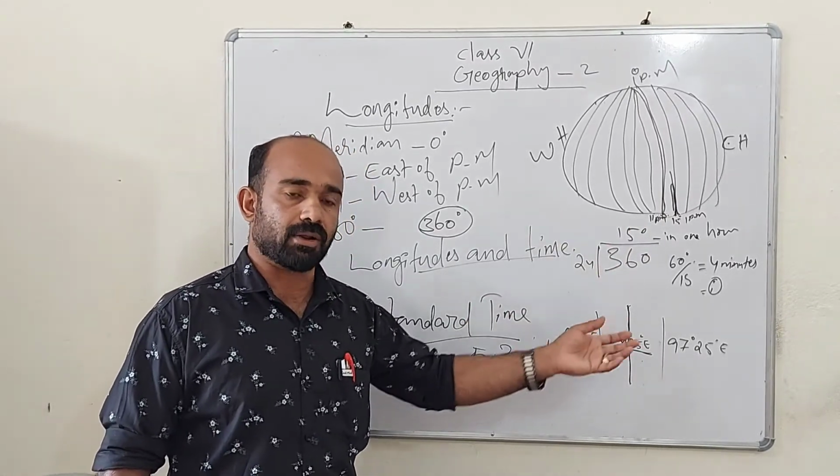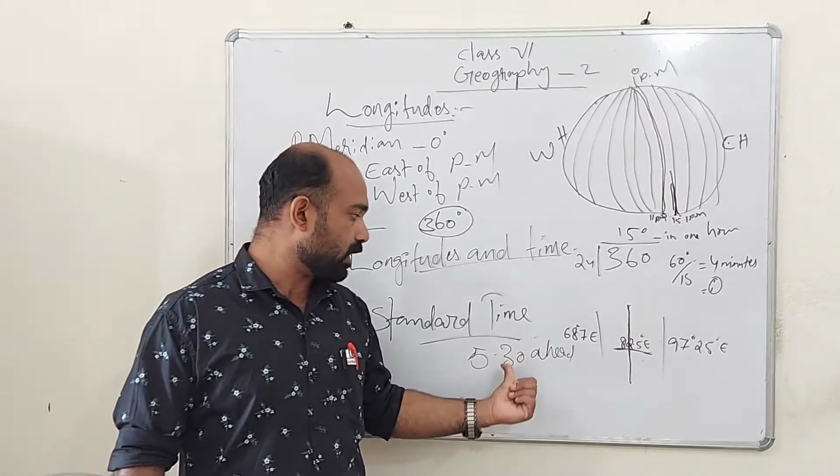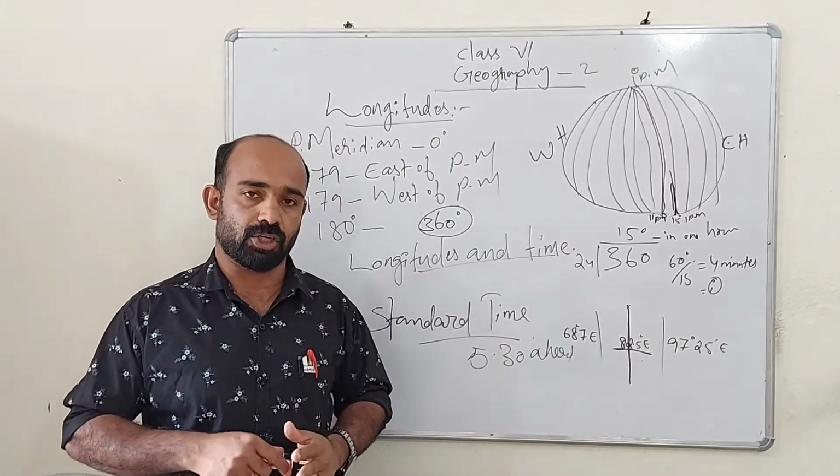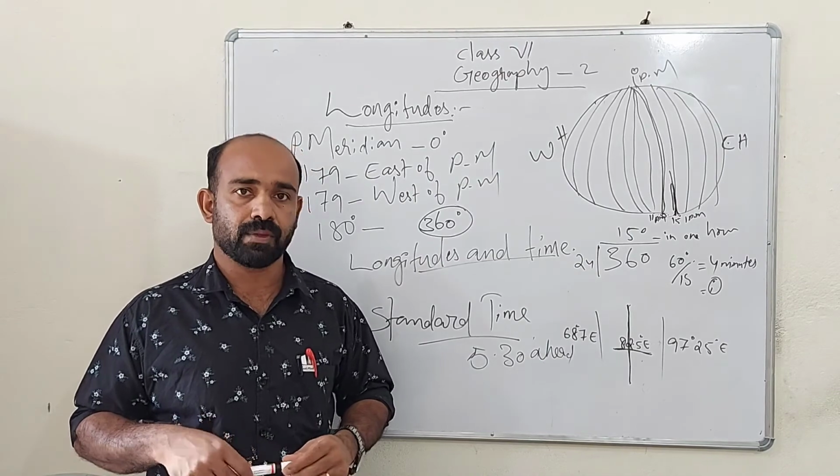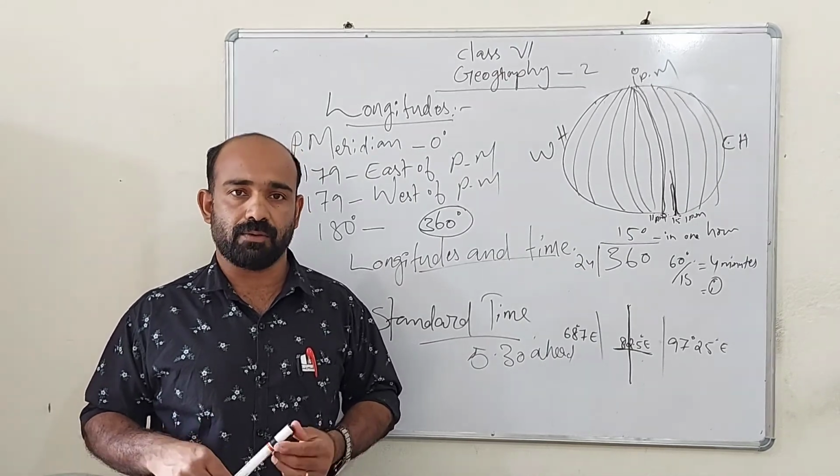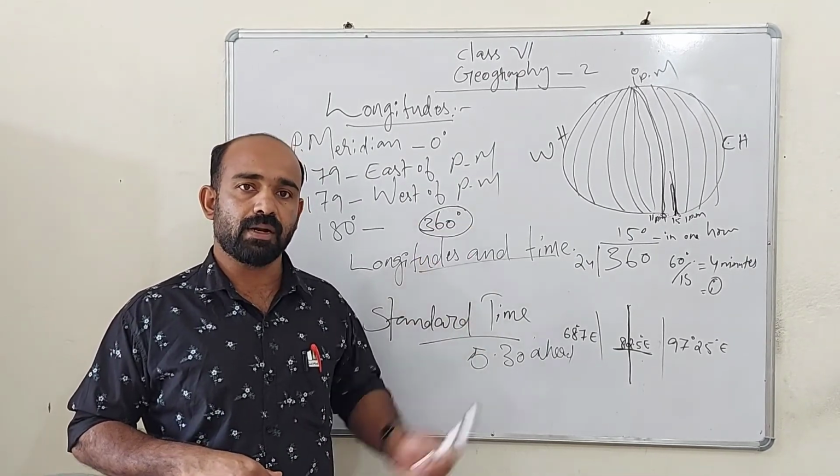This difference we have to calculate, and when we calculate we will get 5 hours 30 minutes ahead time. So all of you read this chapter very thoroughly and prepare your notes.